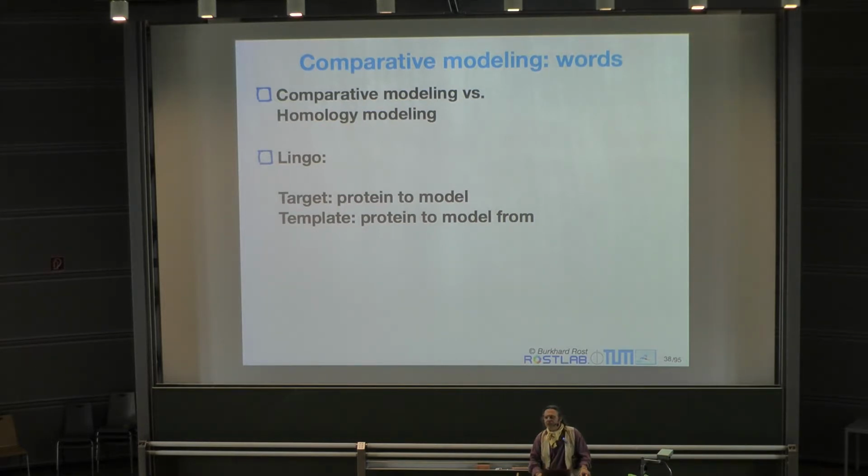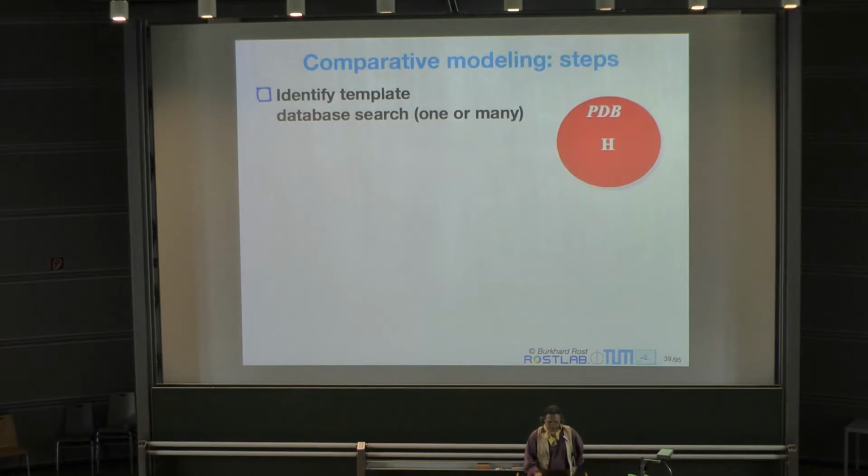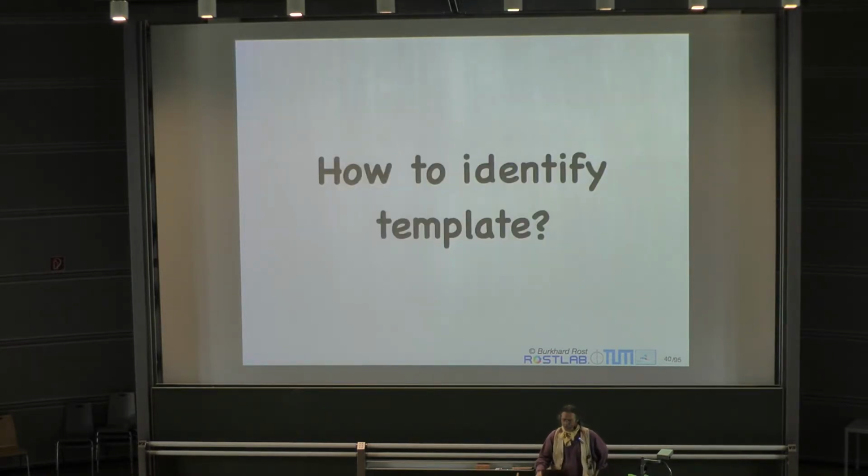There's this language of a target and a template. The target essentially is your query, the protein that you don't know the structure for, and the template is the one that you use for which you know the structure. So you use that as a template to model your structure. The database to identify the template from is the protein database, the database of all proteins that have known structures.